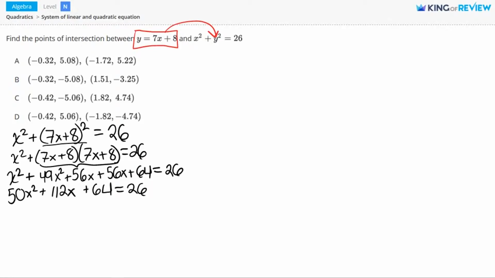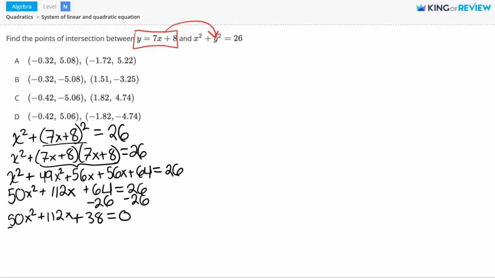Now I want to get 0 on one side of the equation, so let's move the 26 to the other side. So I'll subtract 26 on both sides. And now I have 50x squared plus 112x plus 38 equals 0.